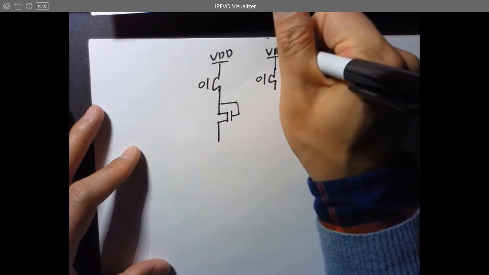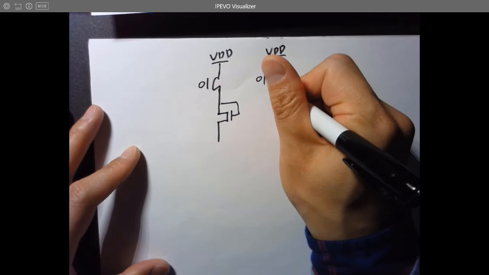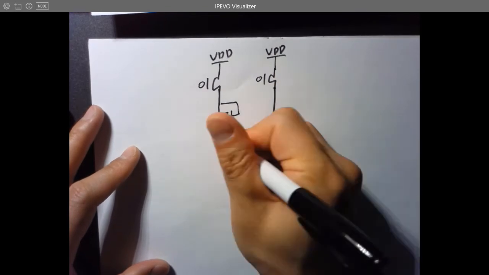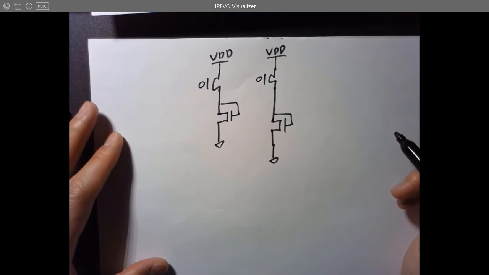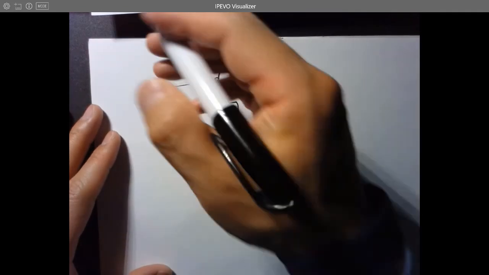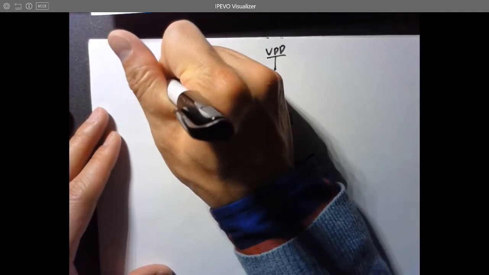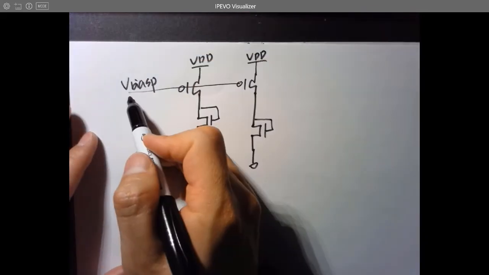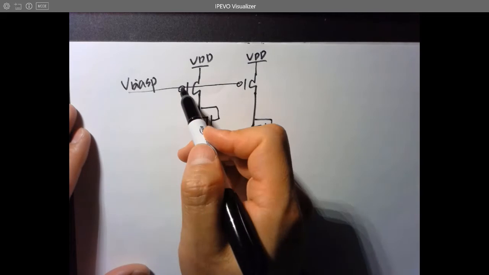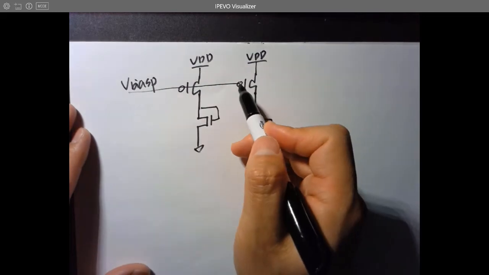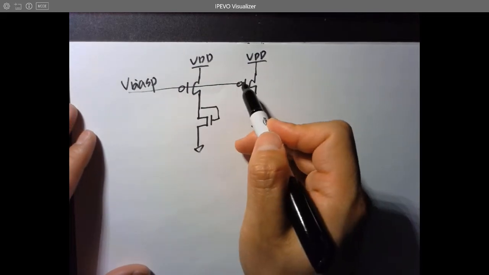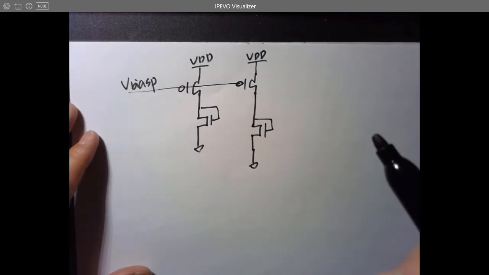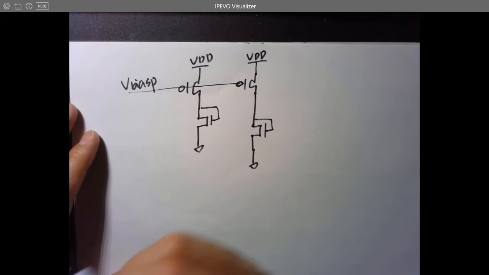Since we want to bias these two NMOSes separately, so one here, and they are being shorted together and being biased by a voltage called V bias P. In the simulation in this lecture, we're going to just directly use a voltage source connected to these two PMOSes to turn them on and bias them right at the boundary of the triode region and saturation region.